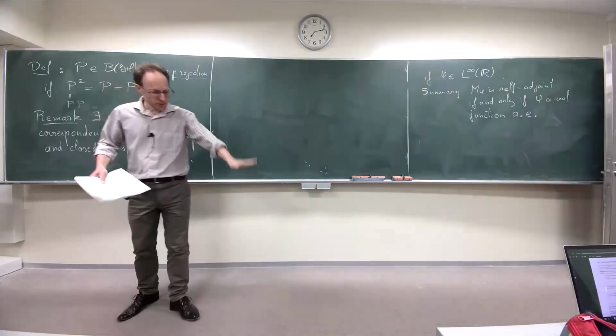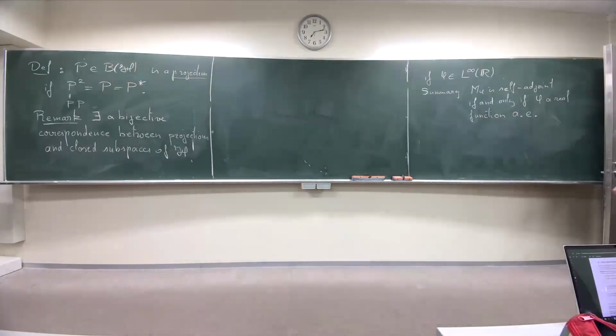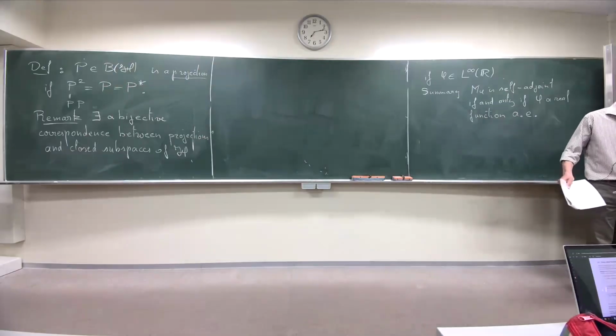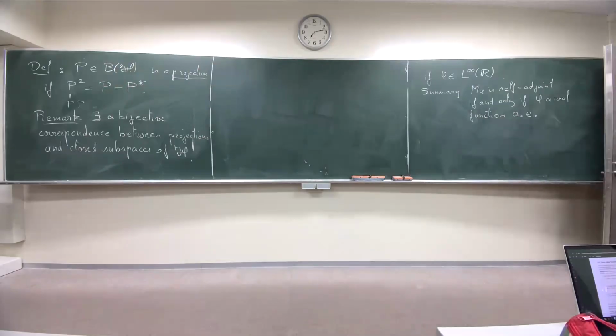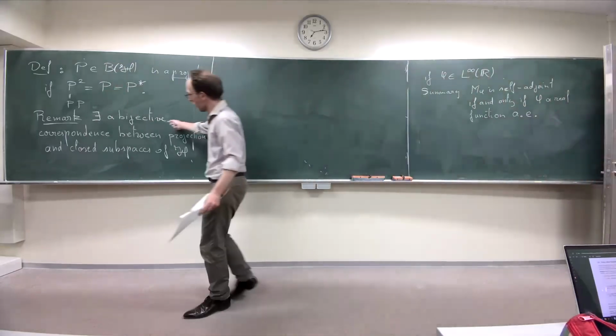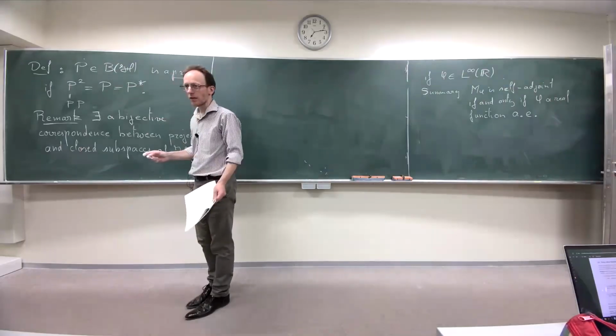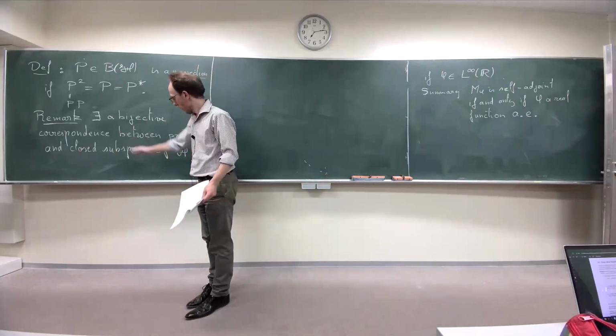And what is a floor? What is this wall? These are closed subspaces. This is a 2-dimensional subspace. This is a 2-dimensional subspace. This is also a 2-dimensional subspace. In fact, I could also send on a line. It would be a projection to a line going through 0. But so it means there exists a one-to-one correspondence, or bijective correspondence, between projection and closed subspace.